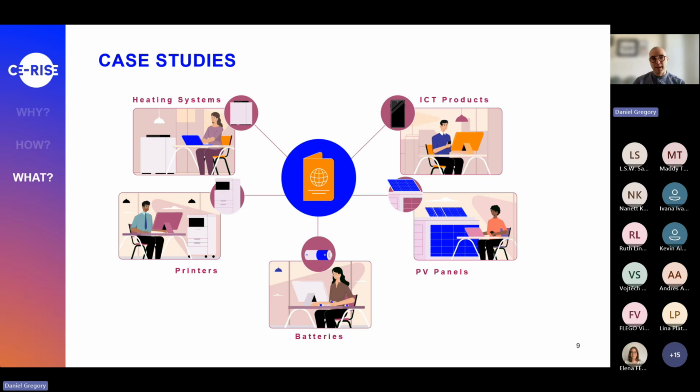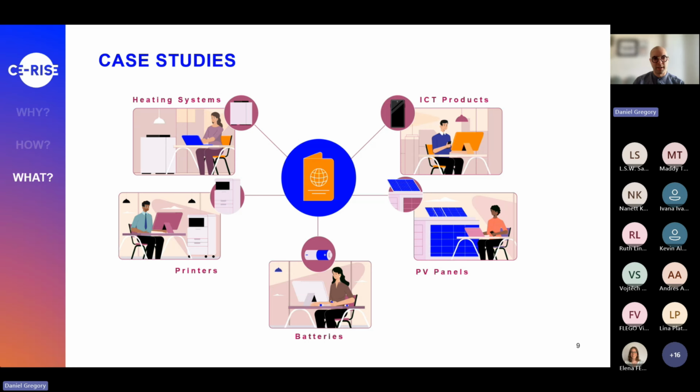To test all of this, we have 5 different case studies running. We have heating systems provided by Wiesmann. We have ICT products, so think different laptops and phones, provided by different refurbishment and remanufacturing centers, notably Ricosi, Green IT, and EcoReset, spread across Europe.